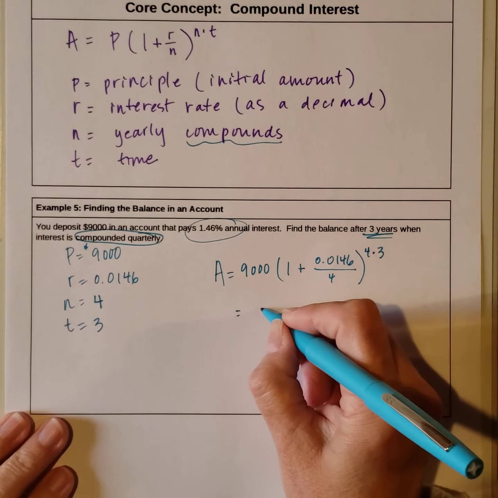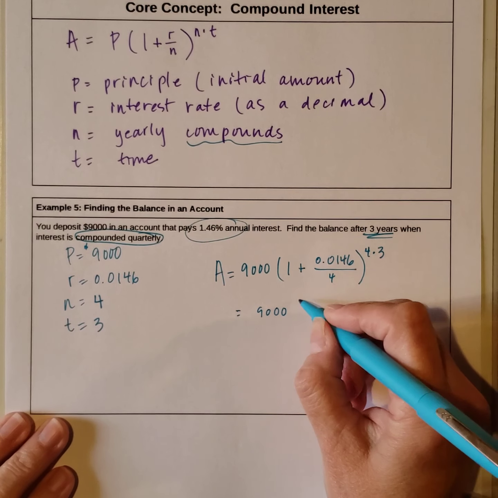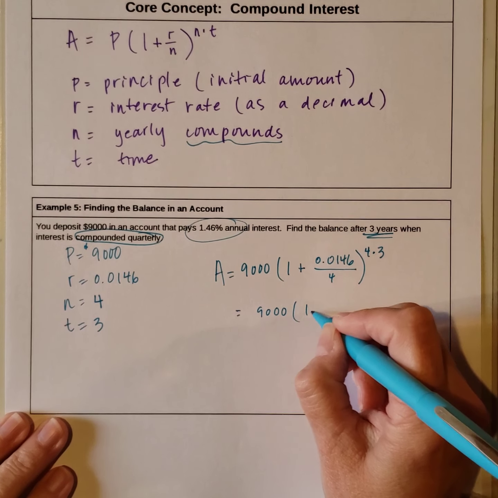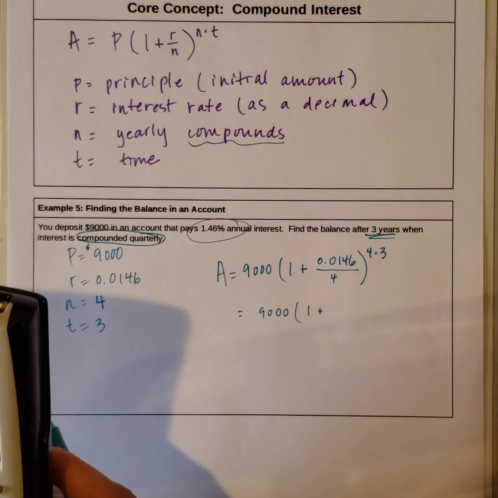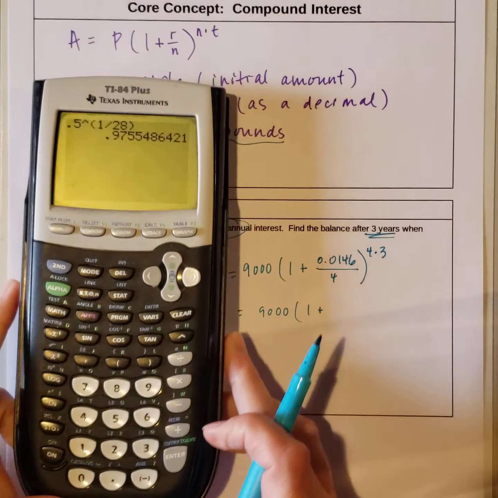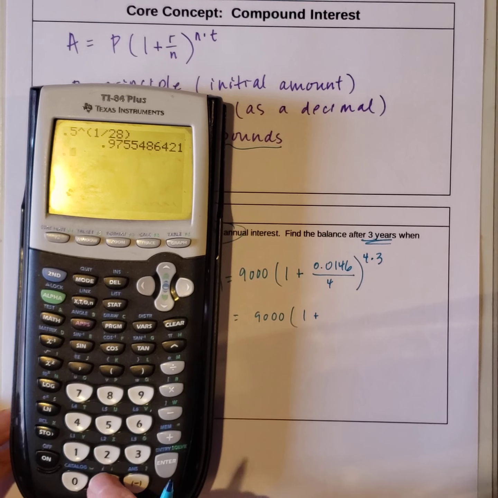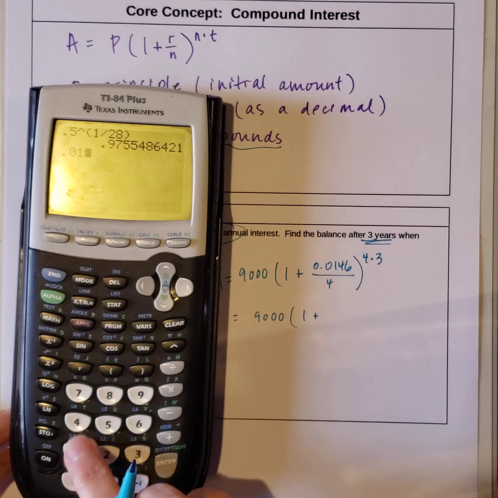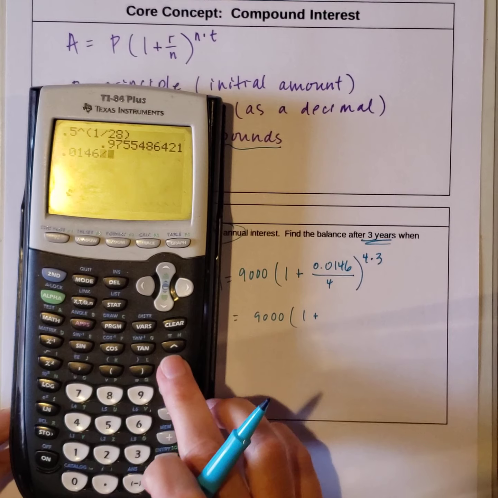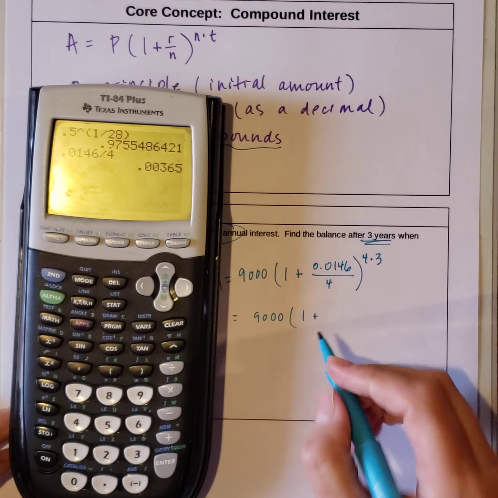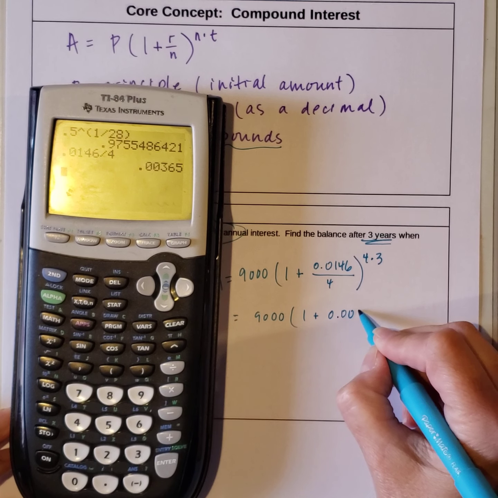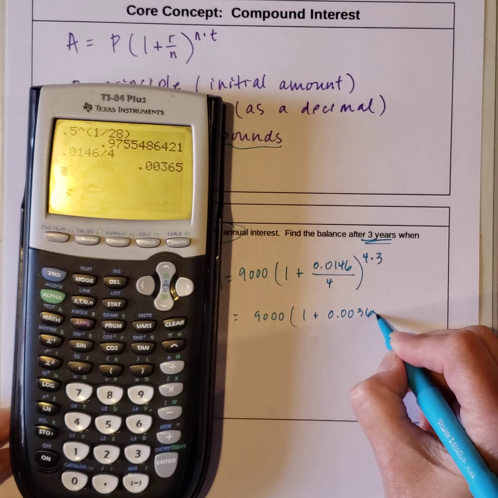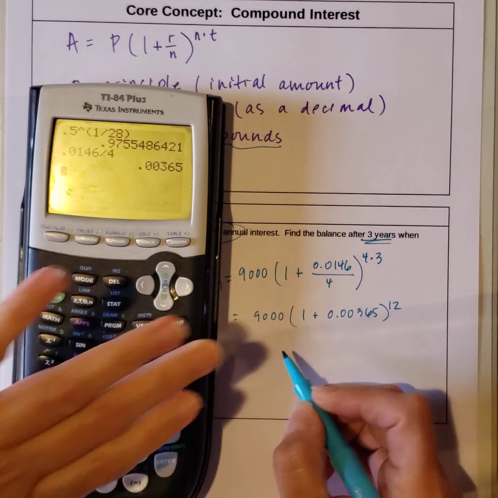So we have 9,000 times 1 plus, I'm going to simplify this. We have 0.0146 divided by 4, which gives us 0.00365, raised to the 12.